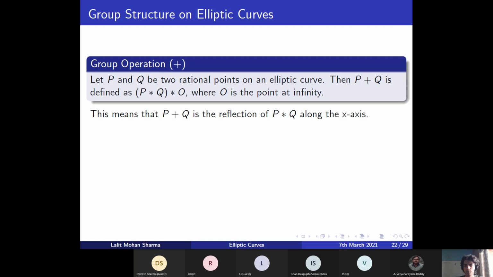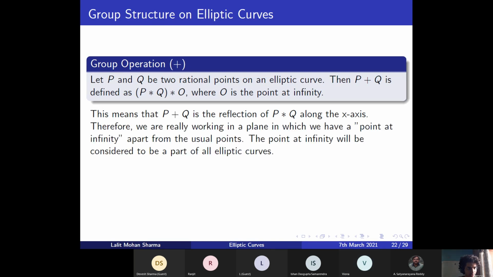So if you have already 2 points, then you need a third point, and that third point is the point at infinity. Okay. I didn't understand completely, but let it be. Yeah, for now. So the point at infinity will be considered to be part of all elliptic curves.